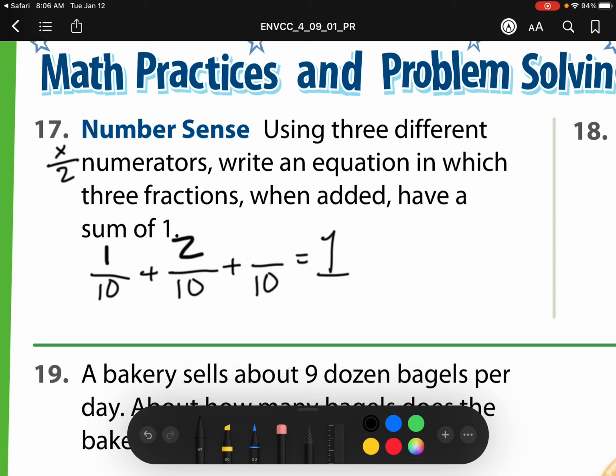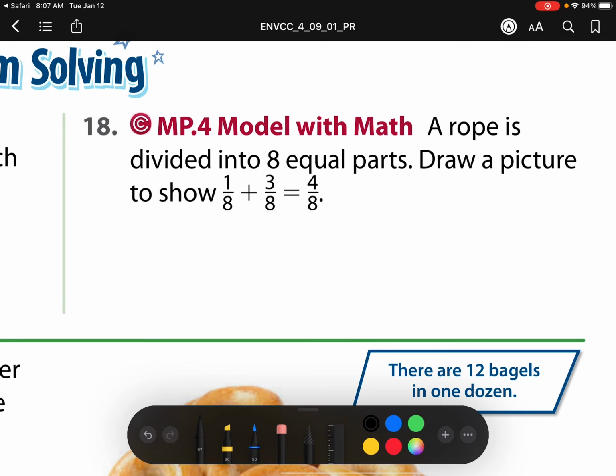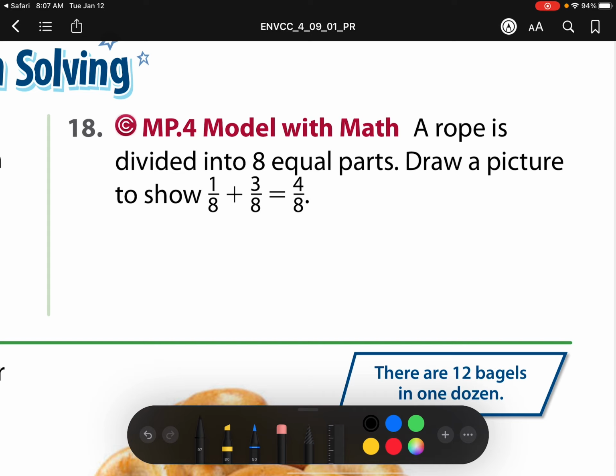Now notice, this last one has to equal something, right? So that last one has to equal 7. Why is that? Well, because when we add 1 plus 2, we get 3, and we need this to equal 10/10. So our mystery one could be that. Now, there's many, many more answers. There's actually an infinite amount, so that's just the one that we put down.